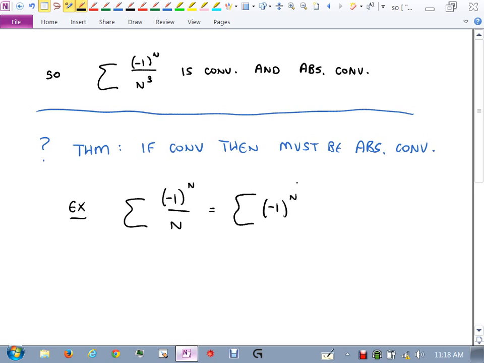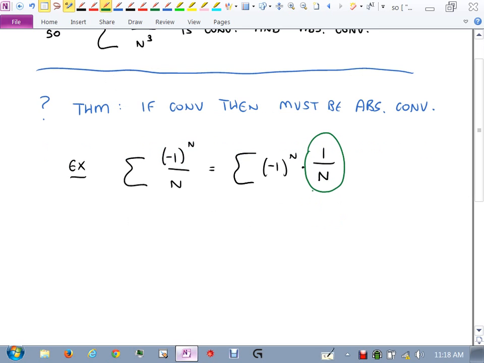What I'm doing is standard, and what you should do every time you see an alternating series: separate the negative alternating part from the rest of it. That rest of it is your a sub n. So I'm going to focus all my attention on this 1 over n, and I'm going to run the alternating series test on that. I need two conditions to hold, right? I need it to be decreasing, and I need the limit as n goes to infinity of that to go to 0. Are those both going to hold?